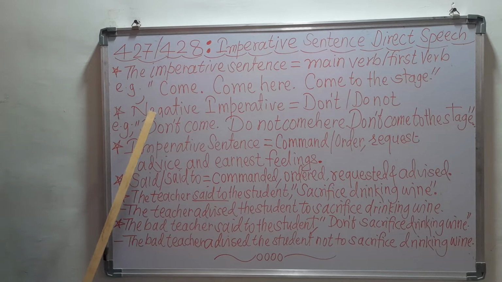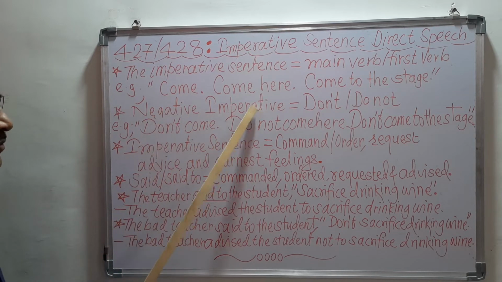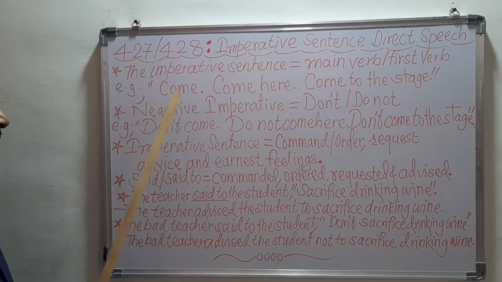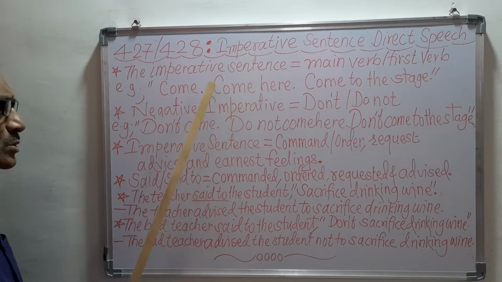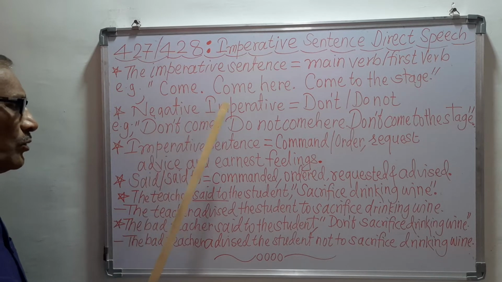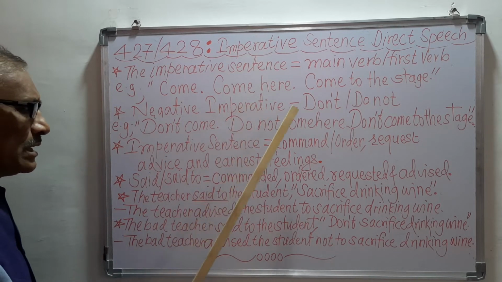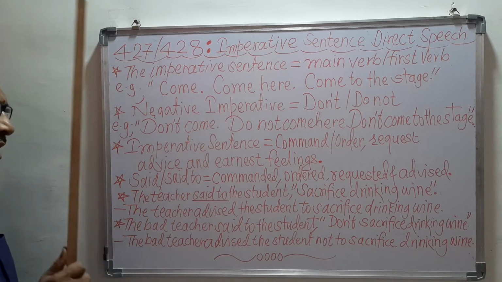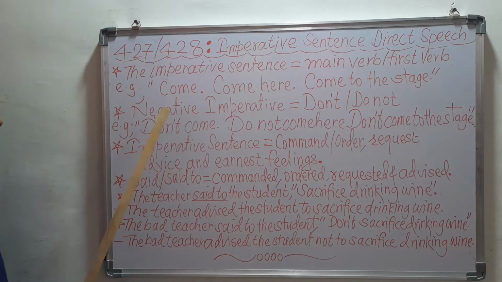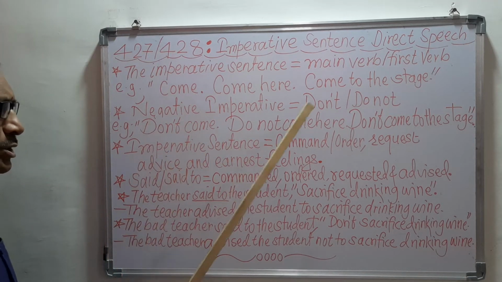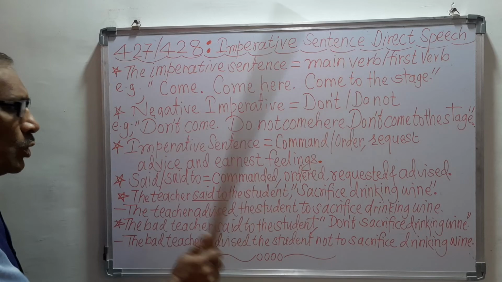The next topic is the negative imperative sentence. Now see, all the negative imperative sentences begin with don't or do not. Every negative sentence begins with don't and do not.